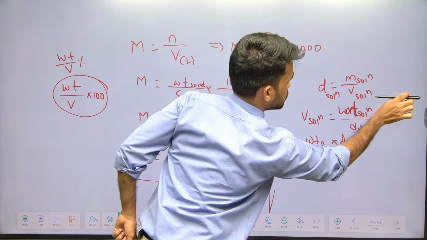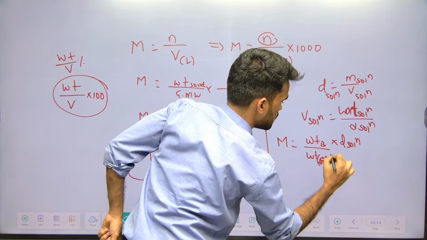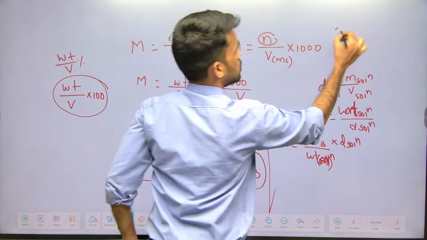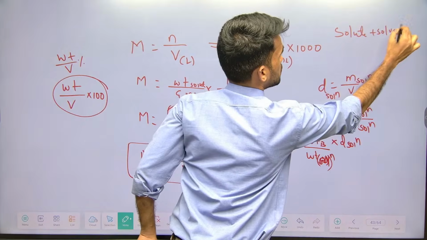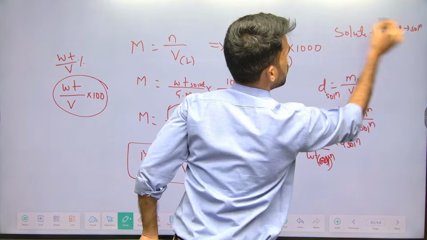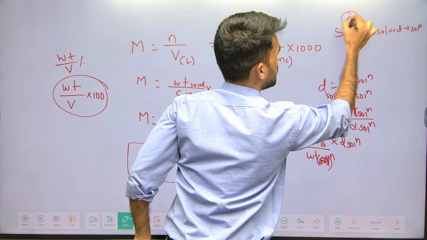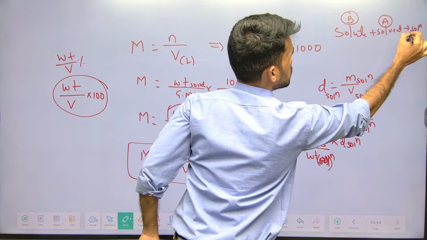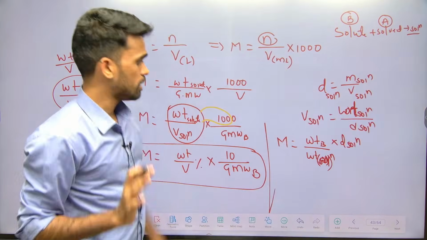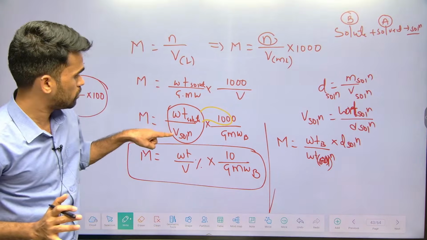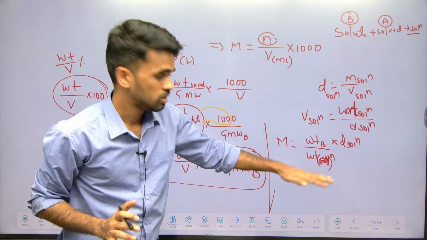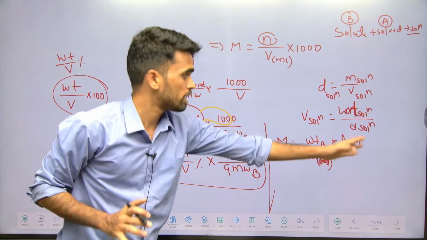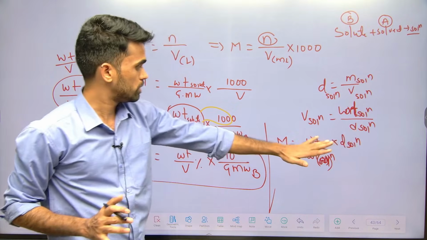Write it as solution. See, solute plus solvent gives you solution. So from now onwards I am fixing solute with B, solvent with A, and solution as it is, solution only. Wherever I have volume of solution, I am writing weight of solution by density, so I can write that in the numerator. Okay, up to here it is clear.